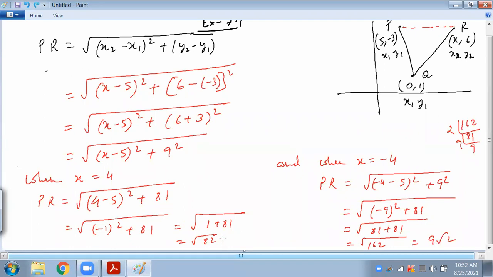Okay, I didn't put the units. You should put the units at the end. There is no unit, so we are just going to write units. If it was in cm or meter, we would have put cm or meter. But here there is no unit, but still there will be units, so we'll write units.